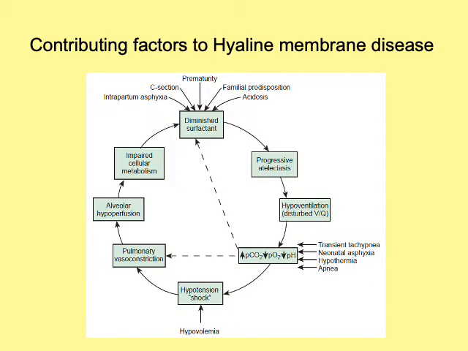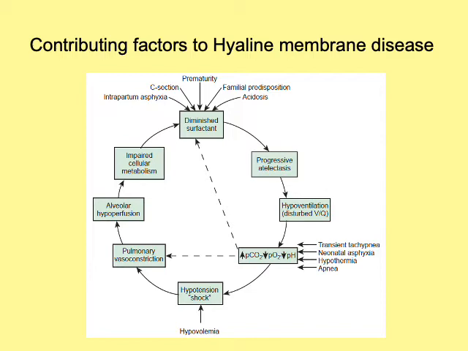In this diagram, there are factors contributing to the formation of hyaline membrane disease in the newborn. In cases of prematurity, cesarean sections, intrapartum asphyxia, familial predisposition, and acidosis, there will be progressive atelectasis due to deficiency of surfactant, with resultant hypoventilation and the initiation of hypoxia, hypercapnia, and acidosis.